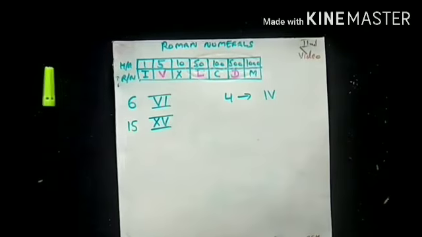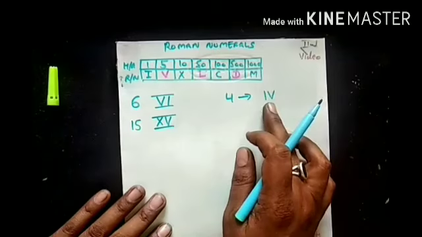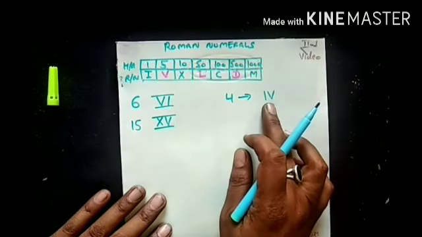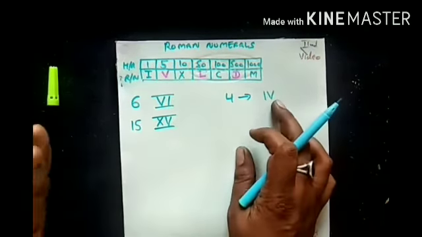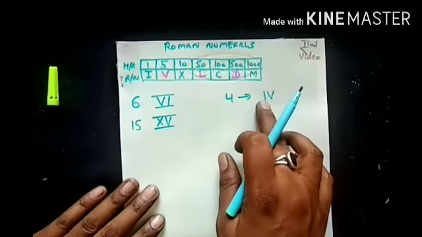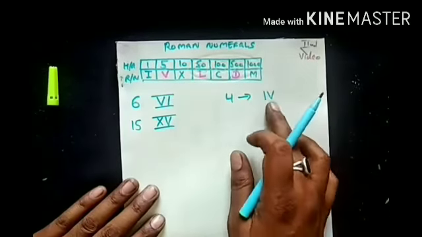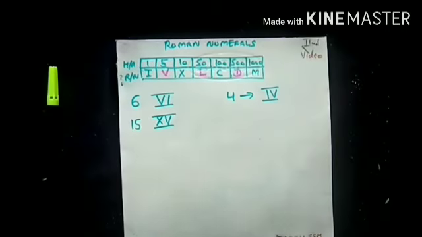If I write the smaller symbol to the left of the larger symbol V, then it means that the smaller one is subtracted from the larger one. So the answer is IV.